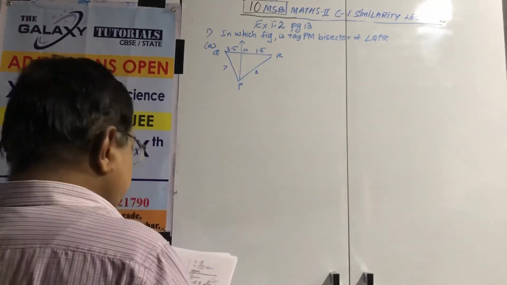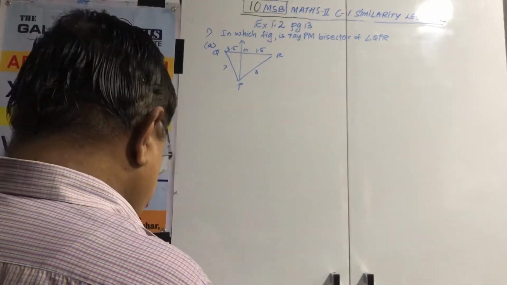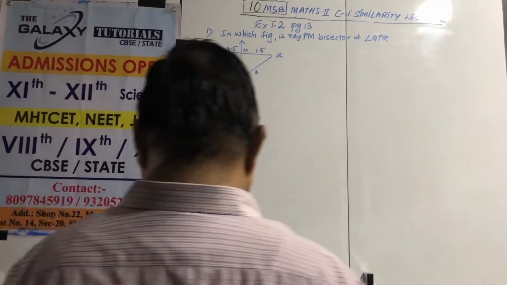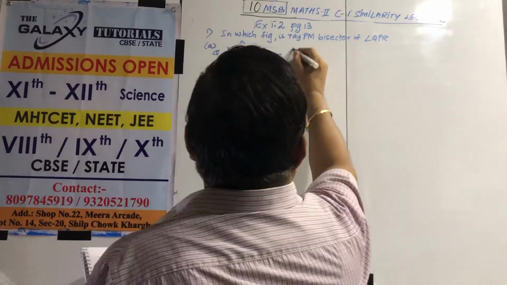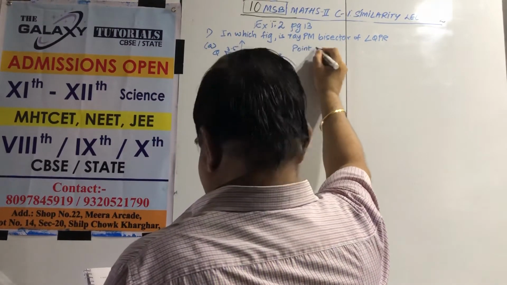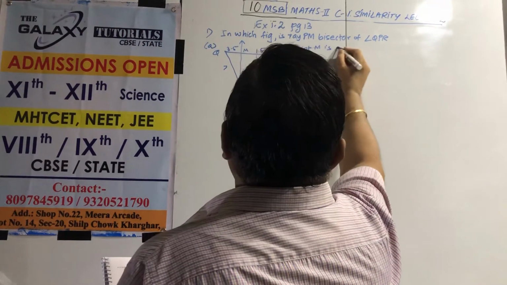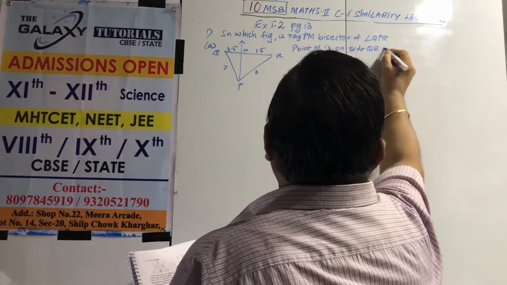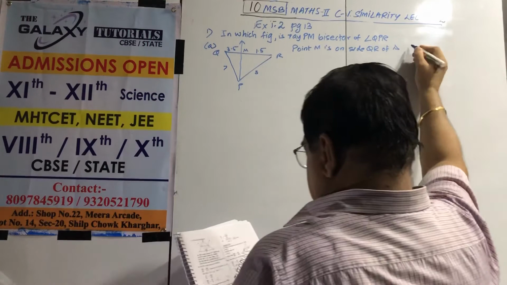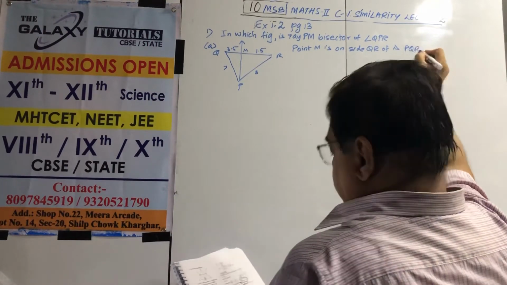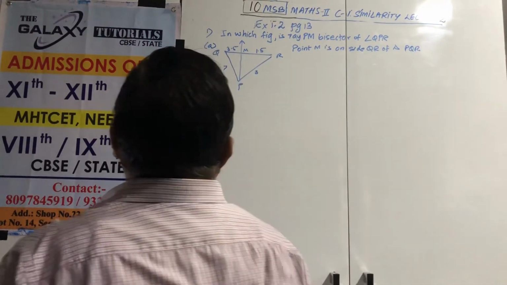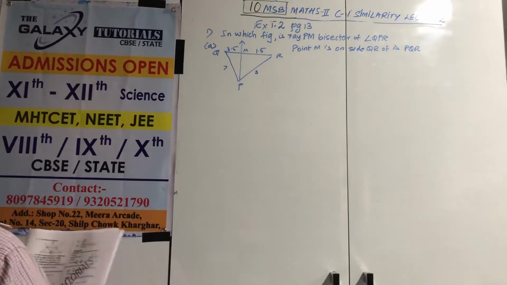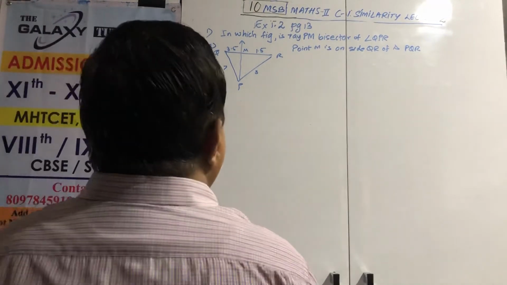This is what they have given us in the first diagram. Now, point M is on side QR of triangle PQR. So we have identified where M is. So that is the bisected side. Then we will go for the ratio.